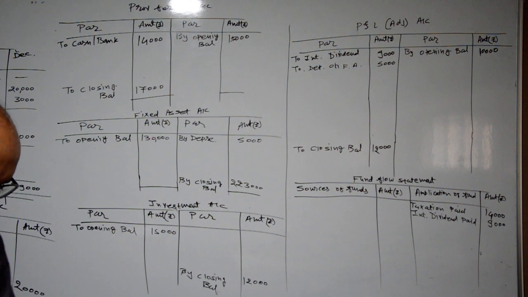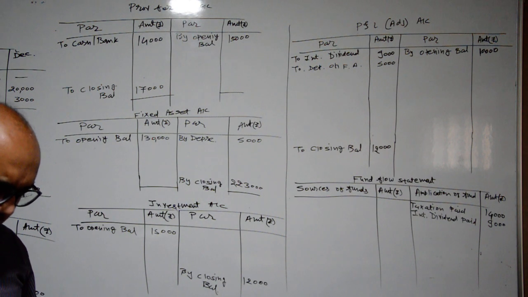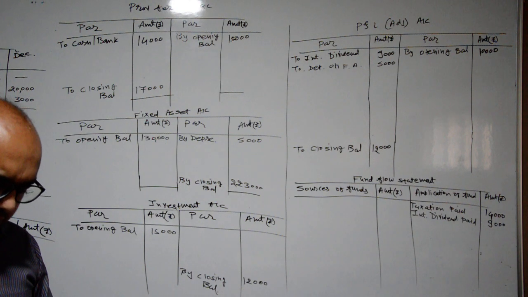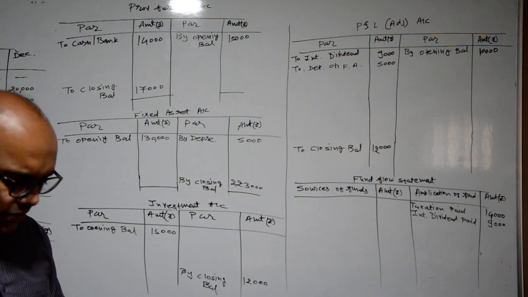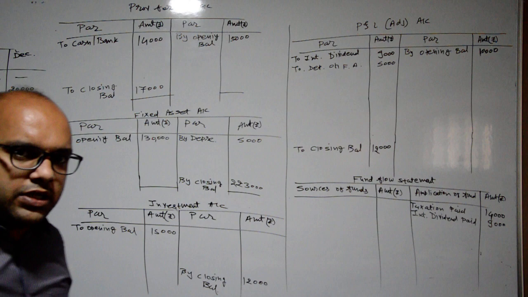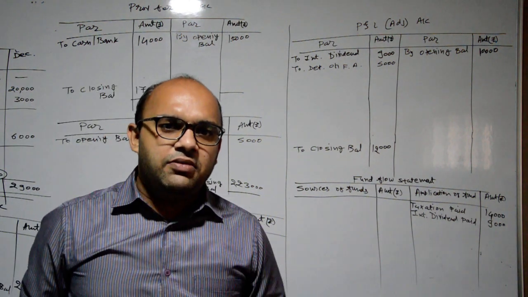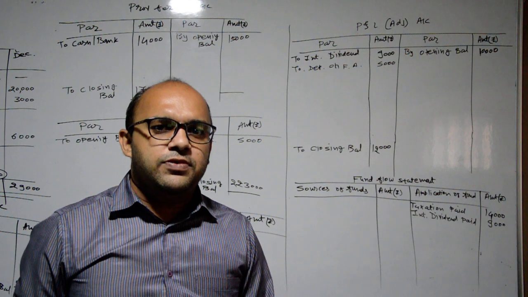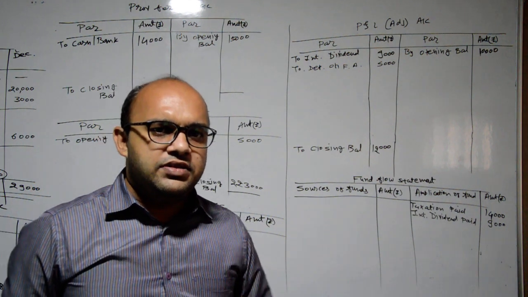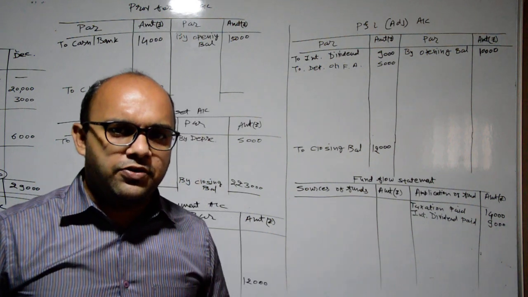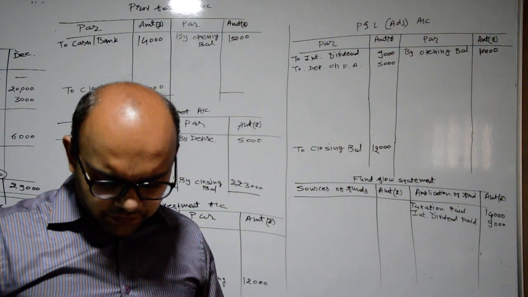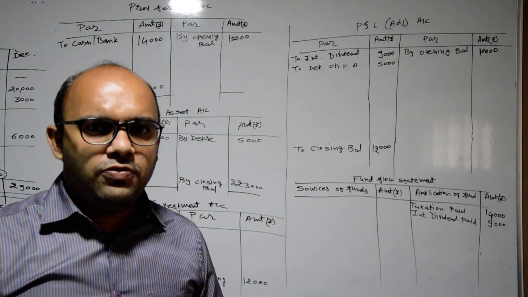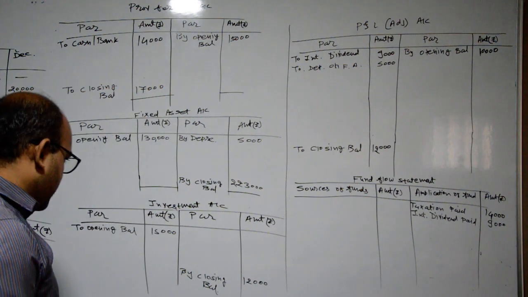Then investment of rupees 5,000. Please check that investment of rupees 5,000 was sold at a profit of rupees 1,000. When we want to earn a profit of rupees 1,000 and the investment costs rupees 5,000, the selling price would be 5,000 plus 1,000 means 6,000 rupees. The journal entry will be cash or bank account debit 6,000 to investment account 5,000 and profit on sale of investment 1,000 rupees.